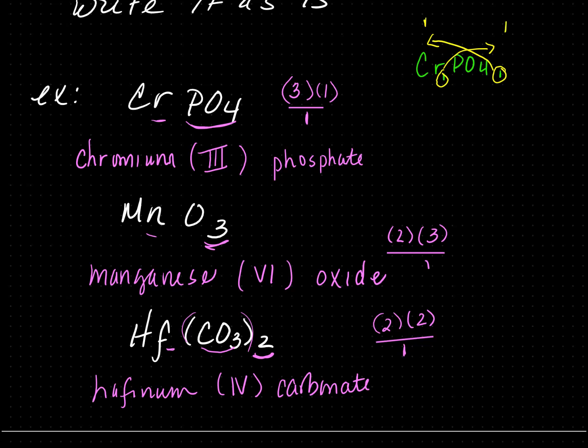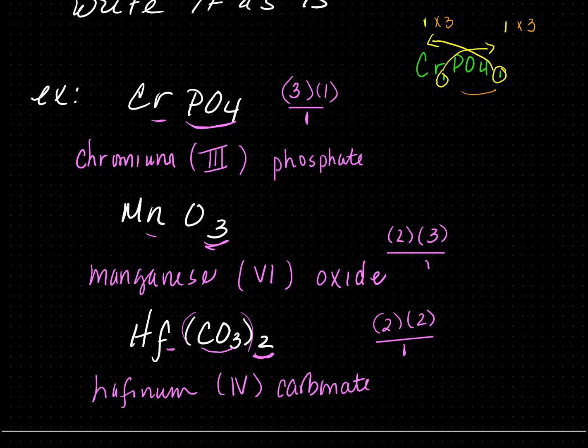If I check the charge of phosphate on the polyatomic list, it is not 1, it is 3. So what I need to do is multiply both numbers by 3. That tells you that the initial charge of chromium was 3, but it was reduced. Once you crisscross back up, you need to double check the charge of the polyatomic or the nonmetal.